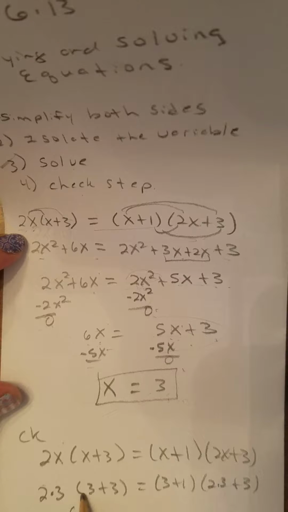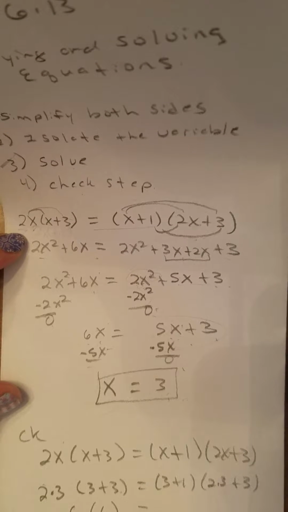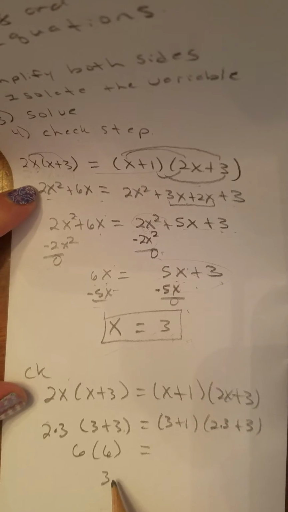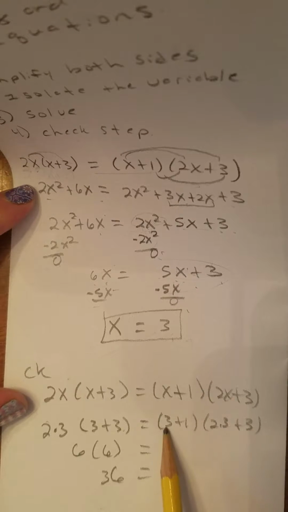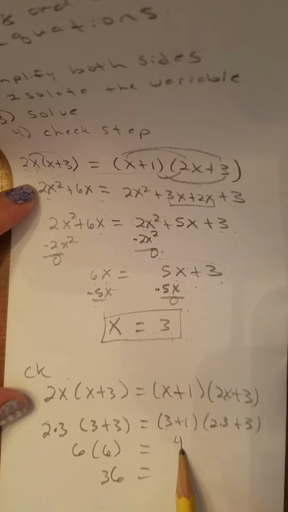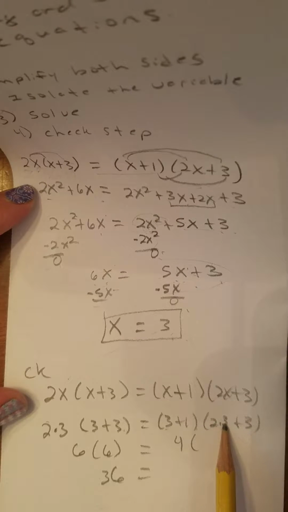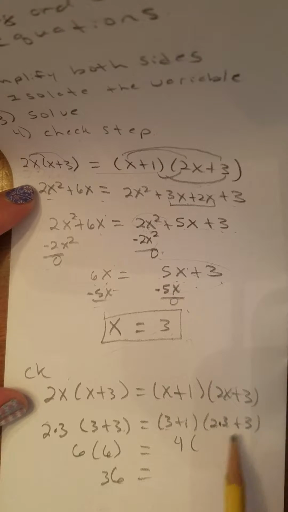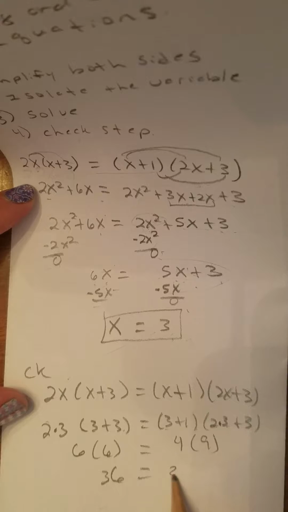This is going to give me 6. This is going to give me 6 inside. This is going to give me 36. This is going to give me 4. And here 2 times 3 is 6, and 6 plus 3 is 9, and 4 times 9 is 36. So it checks out.